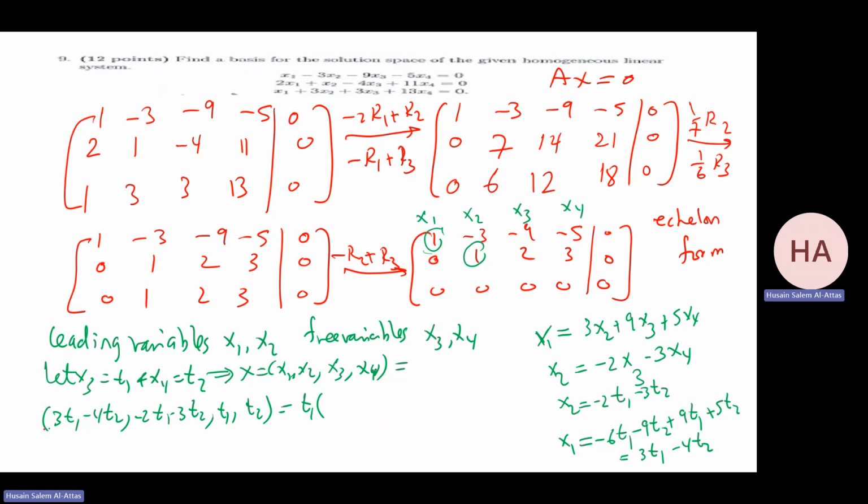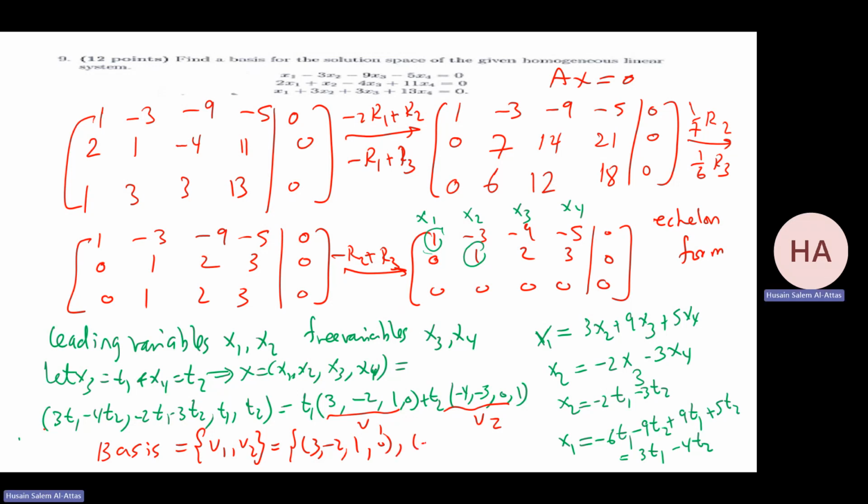Take t1 common factor, you have 3, minus 2, 1, 0. Take t2: minus 4, minus 3, 0, 1. Like what we did before, that will be V1 and that will be V2. So the basis is V1, V2, which is this set.